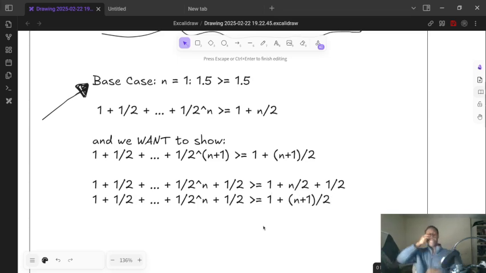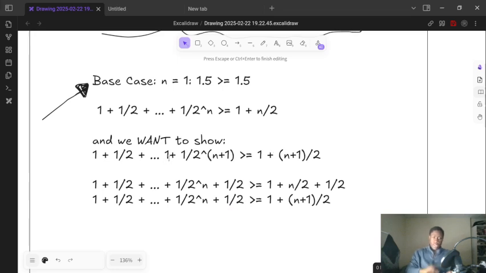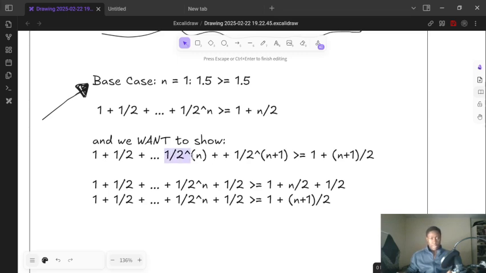Now the thing is, here I have 1 over 2 to the n, and plus 1 over 2. This 1 over 2 here is not what I want. What I want is, embedded, implied, I already have 2 to the n here, right? And then I have this, plus 1, and then all the way to that here.